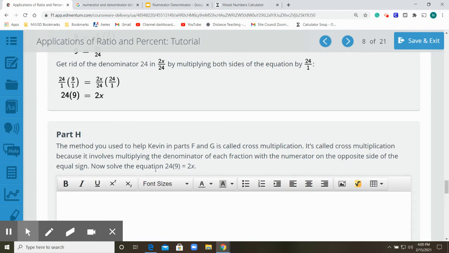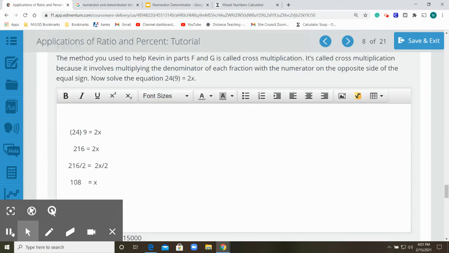Now solve the equation 24 times 9 equals 2x. So we have 24 times 9 equals 2x. I do 24 times 9 is 216 equals 2x. Then we divide by 2 to get rid of that.